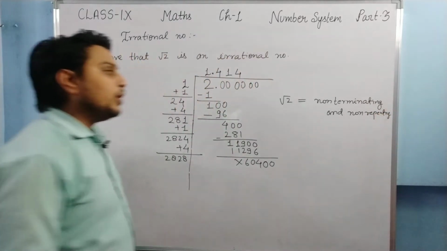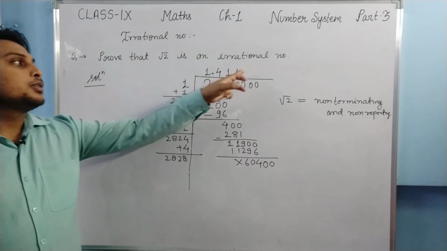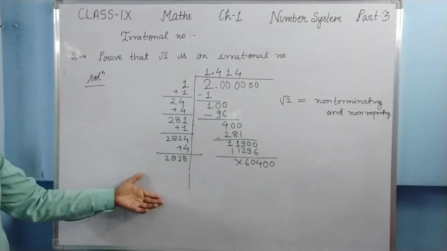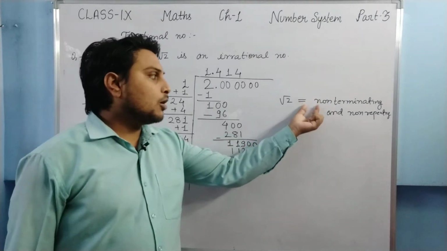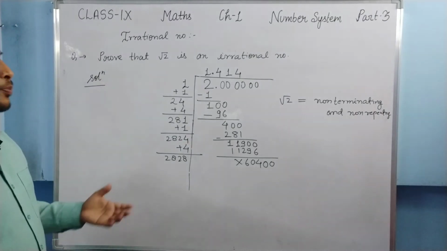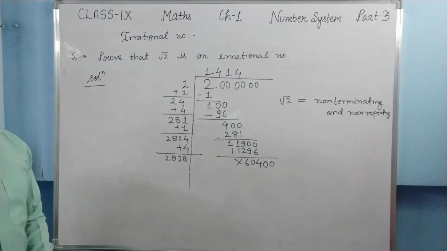Okay, you will follow this method, you will continue this method till 6 to 7 places of decimal. And you will observe that it is non-terminating and non-repeating type. So it is proved that under root 2 is an irrational number.